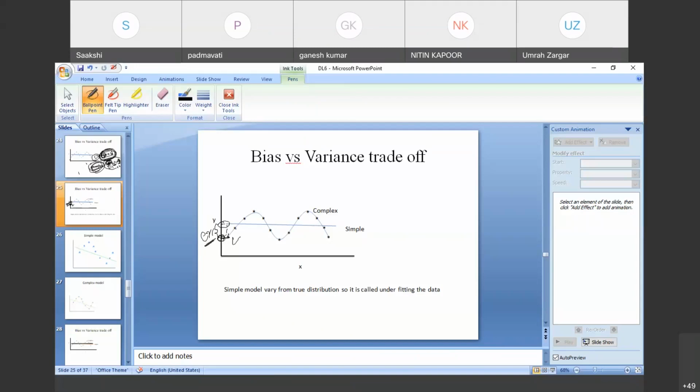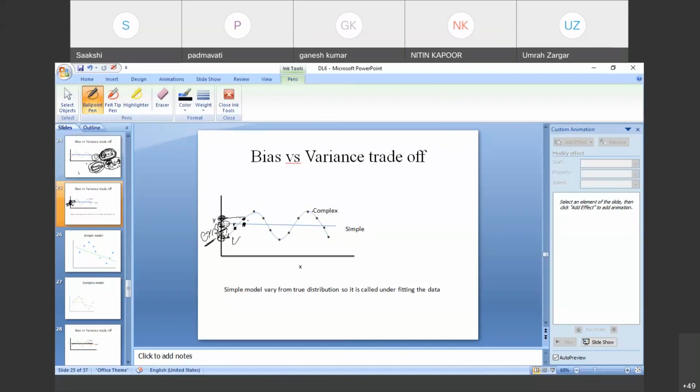For the second data point, actual is this, whereas the predicted is this, so you will get this much error. Similarly, for the third data point, actual y is this, but you will get the prediction over here on this particular line, so this much error you will get.